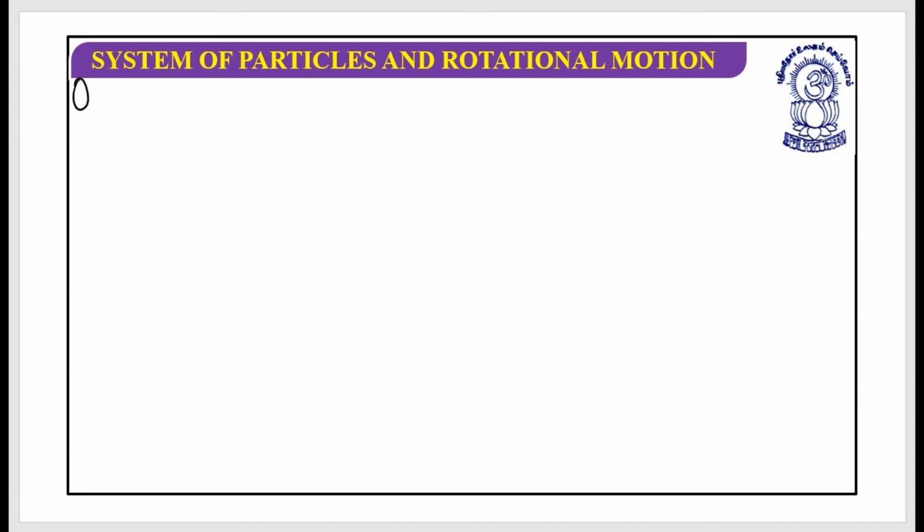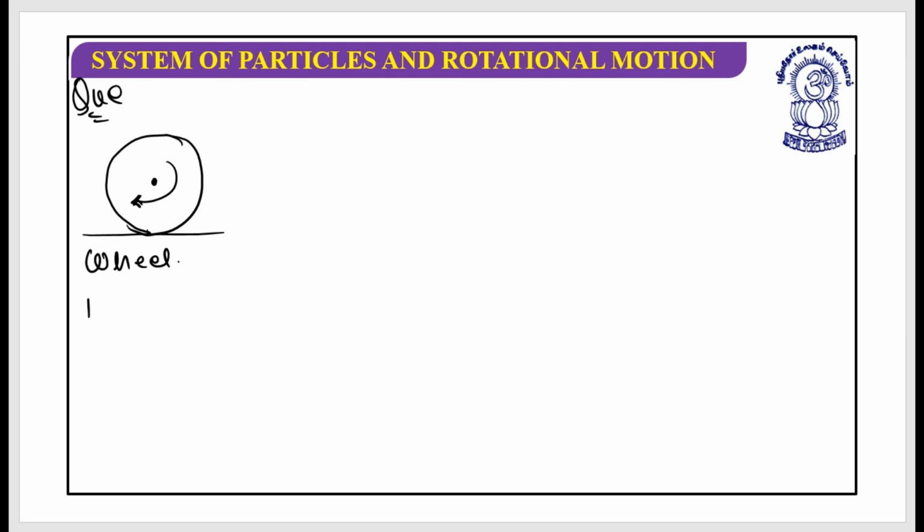Let's say the question says, suppose this is a wheel and it is rotating in this direction. This is a wheel having mass 5 kg, radius 2 meter.